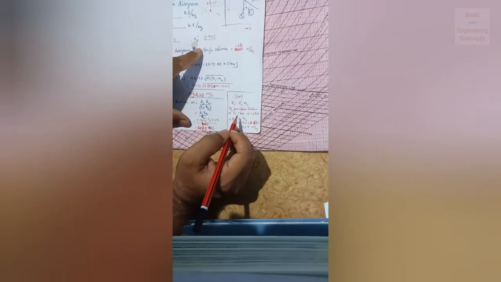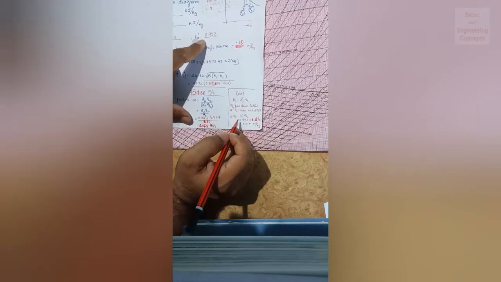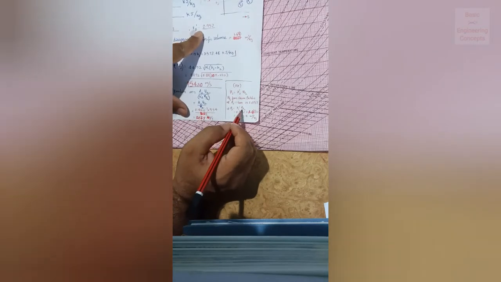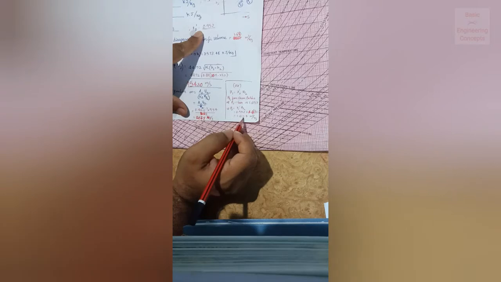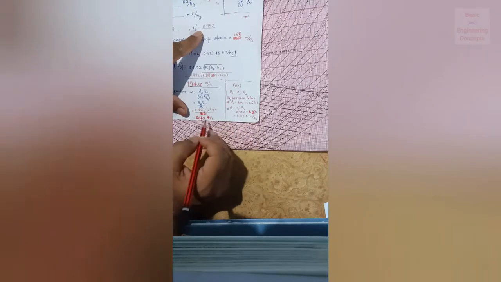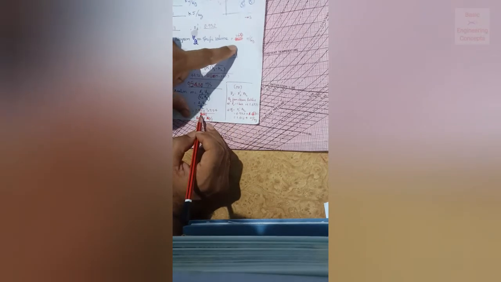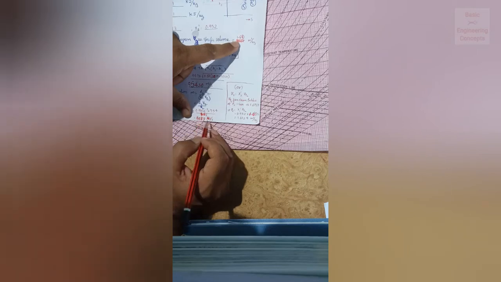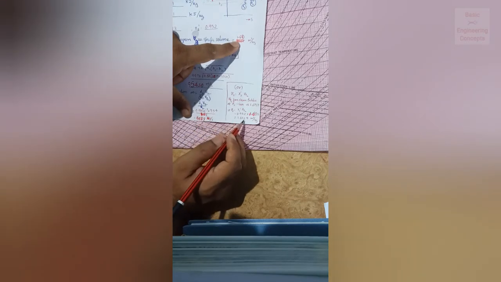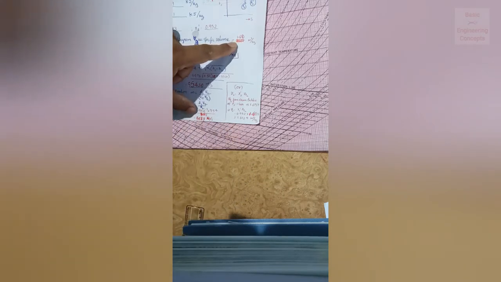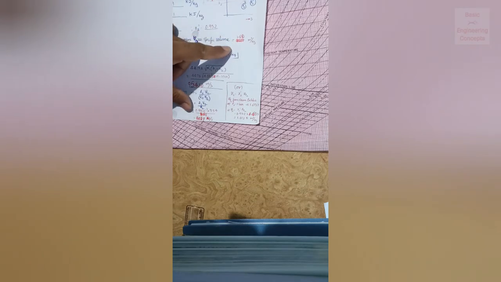All these are approximate values. Vg2 is 1.6937. So this is V2. You can either find it directly from the Mollier diagram or you can calculate like this. So this is the mass of the steam discharged, using the Mollier diagram.